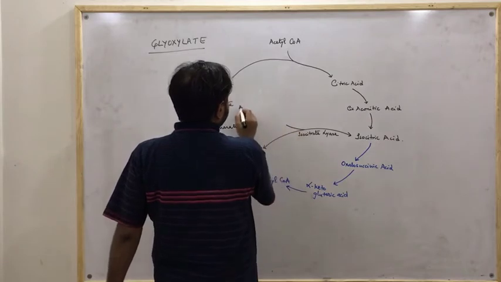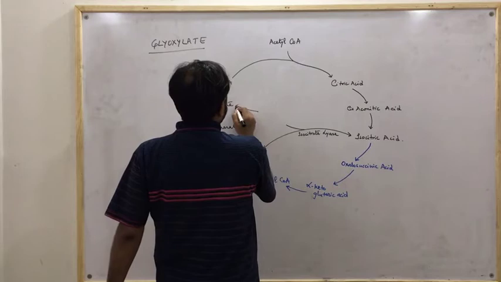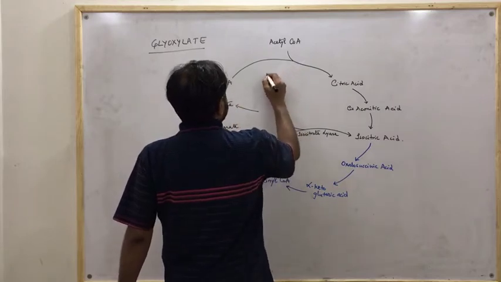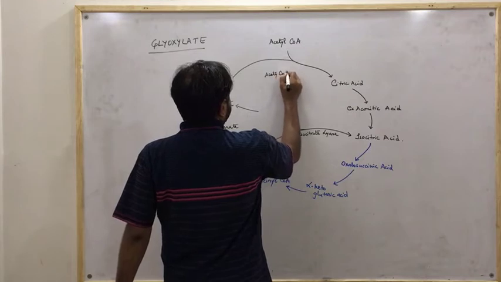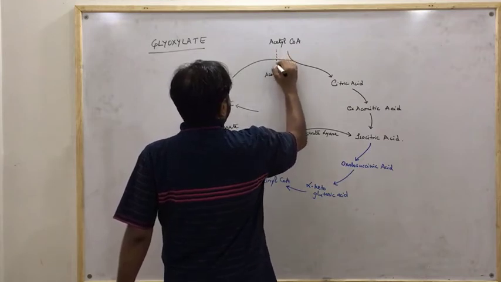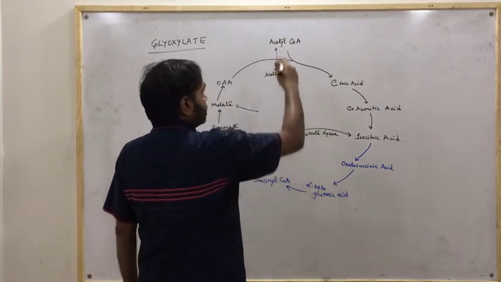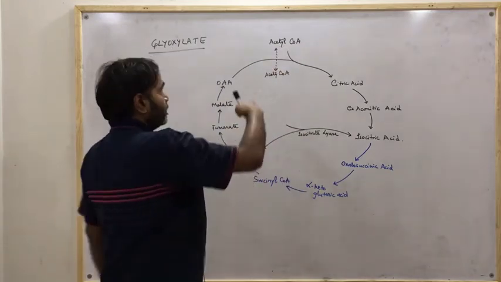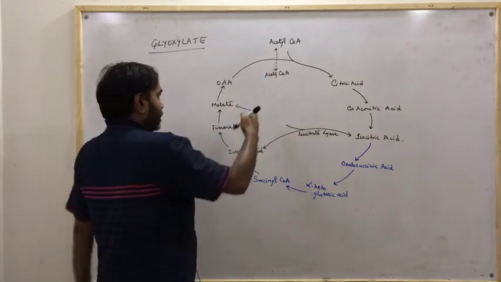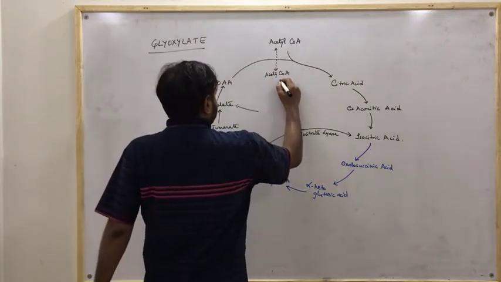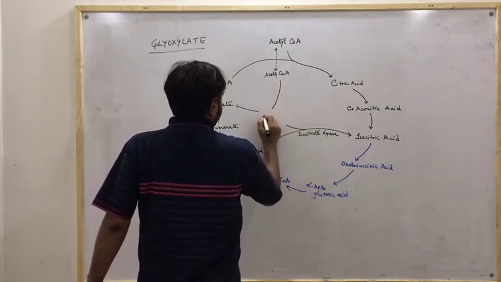It is thereby converted to malate also. How? Since acetyl CoA, I am showing it dotted because it is a transversal, the same acetyl CoA I am utilizing for this pathway from this point. So it will get converted to glyoxylate.